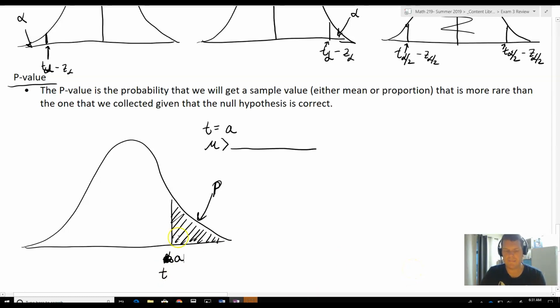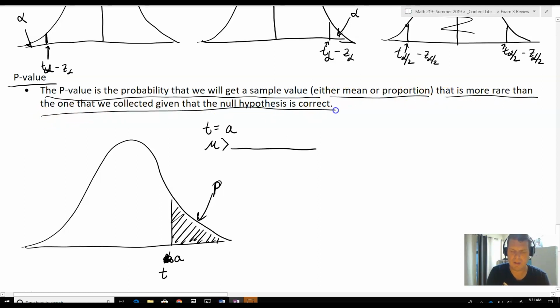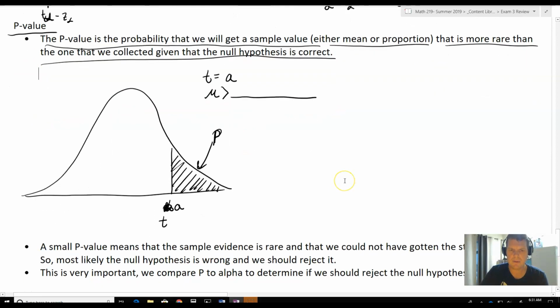So let me state that again. The p-value is the probability that we will get a sample value, either a mean or a proportion, that is more rare than the one that we collected, given that the null hypothesis is correct.